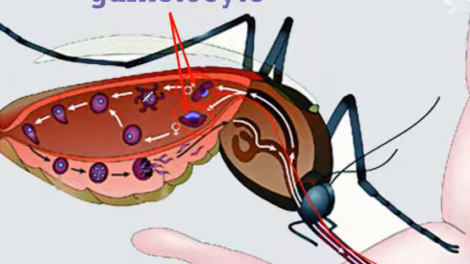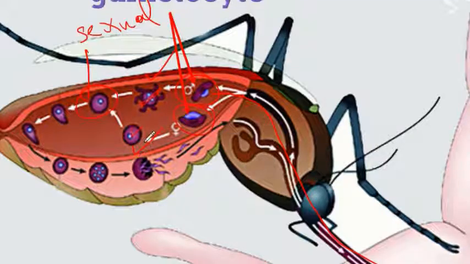They will develop into male and female and then join together, fertilization will happen, and this is sexual reproduction. Why sexual? Because we have male and female gametes. This is sexual reproduction inside the stomach of the mosquito.